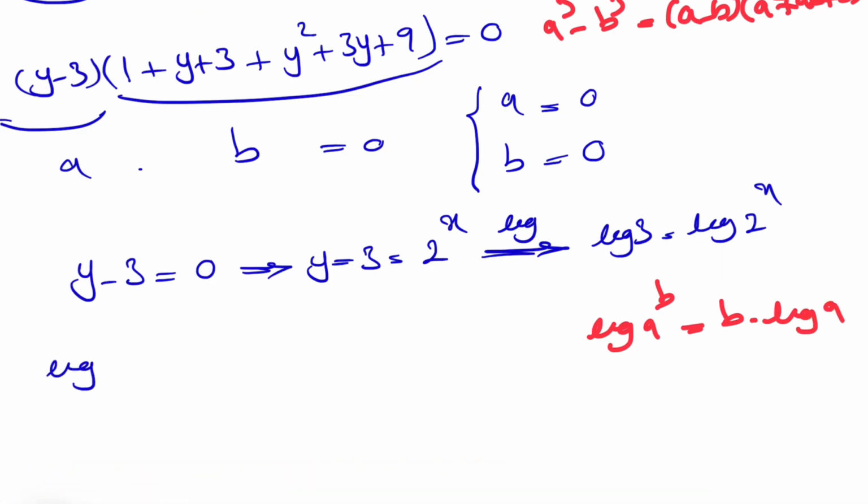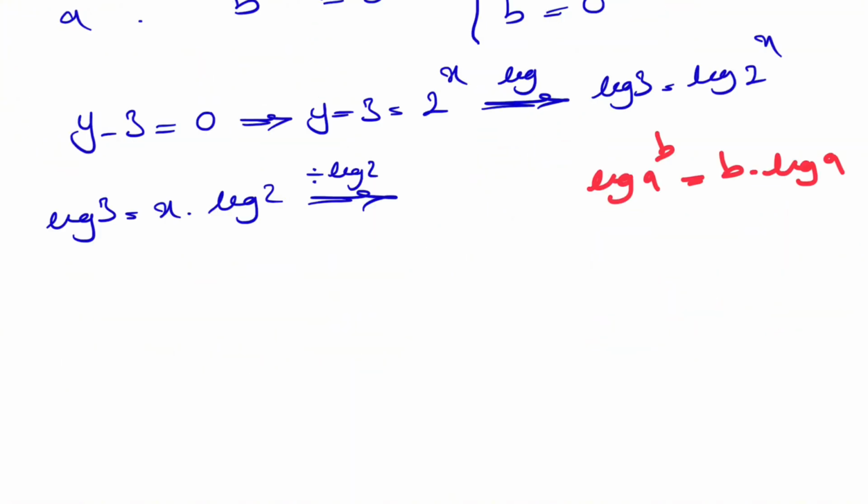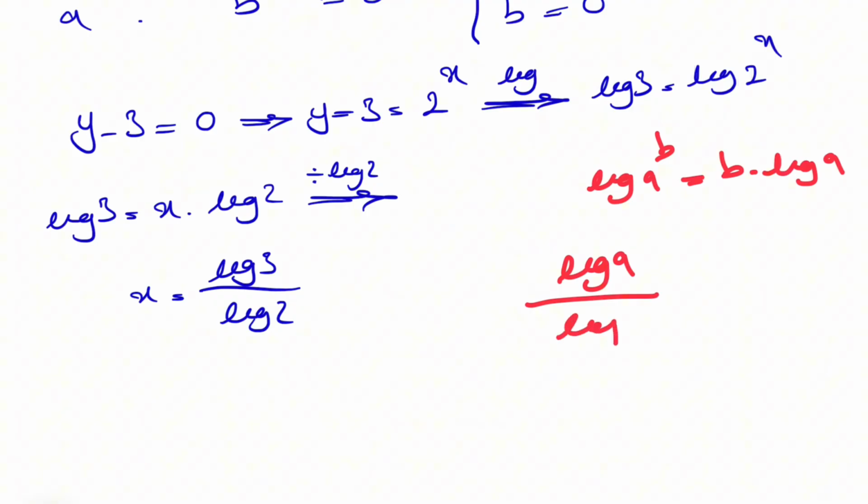Now we can get rid of the x in the exponent: x log 2, and we divide each side by log 2, so x is log 3 over log 2. We also know that log a over log b equals log base b of a, so this is log base 2 of 3.